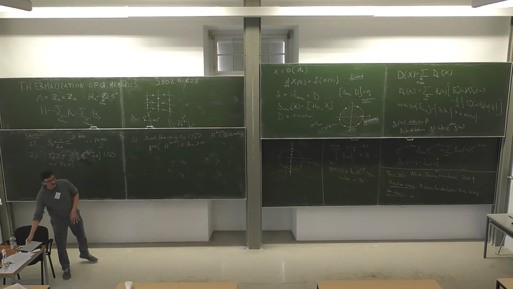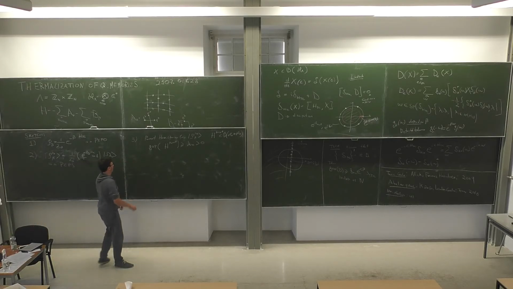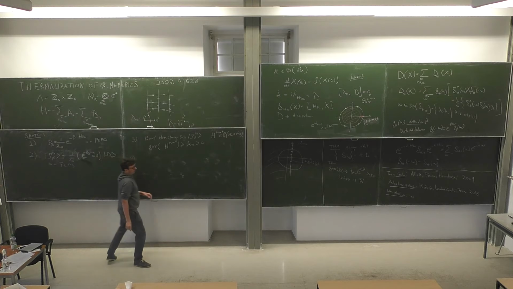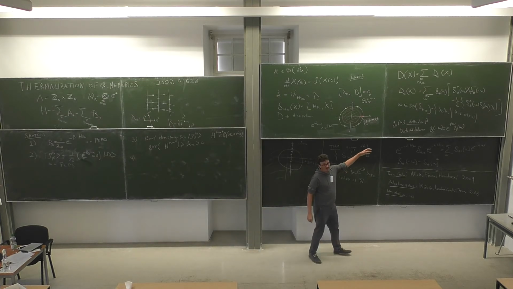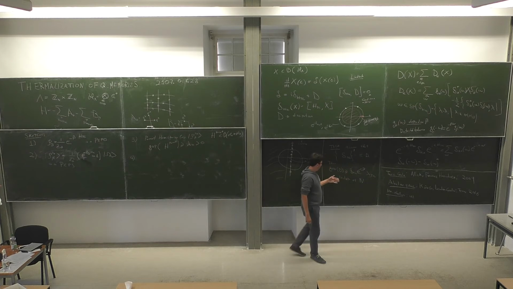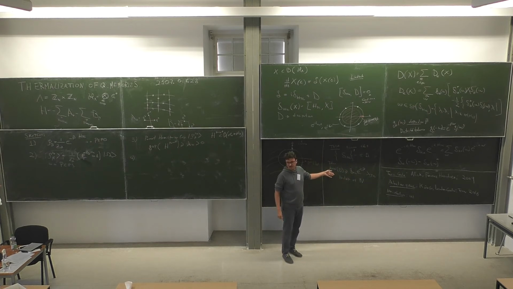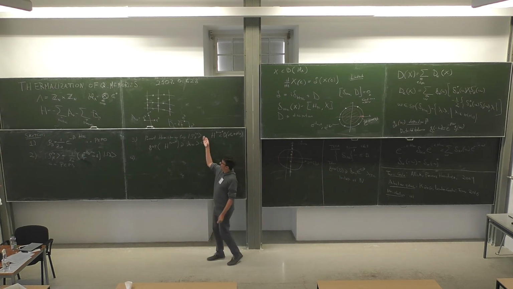And up to here, this has nothing to do with the Davies generator, but in the paper of Alicki, Fannes, and Horodecki, what they did was use the detailed balance condition to also write a purification of the Davies generator acting on this doubled Hilbert space.